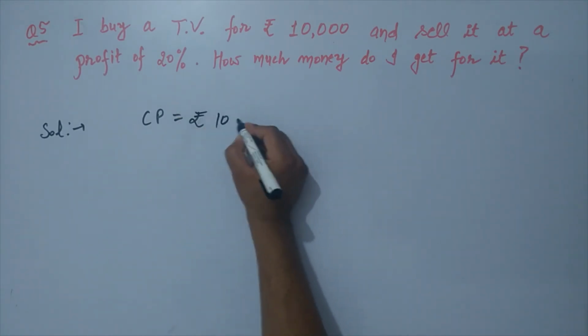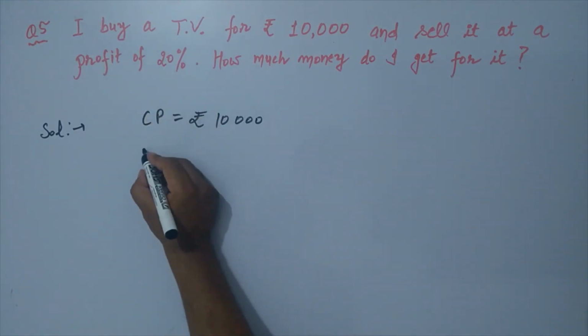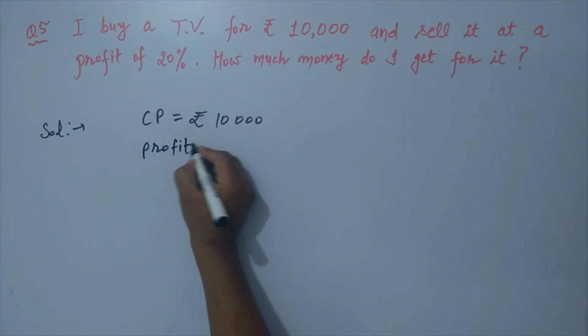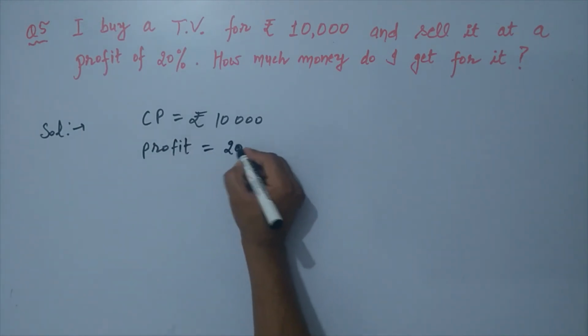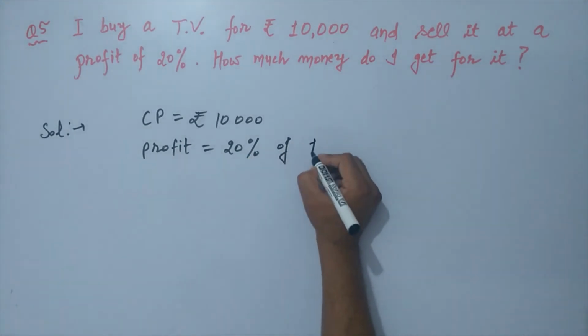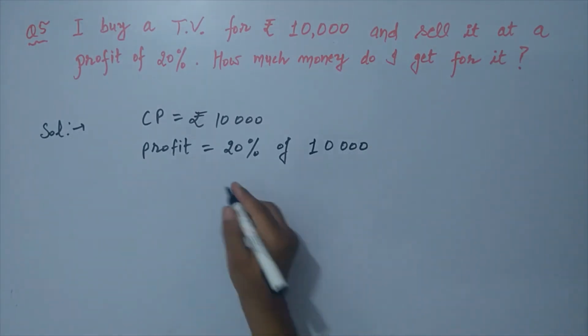And profit is equal to 20% of cost price of 10,000, right?